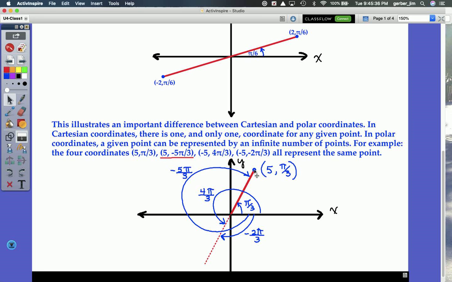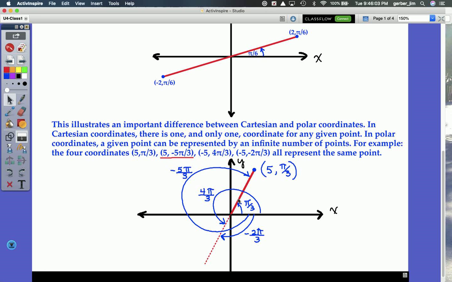But of course, if there are 4 ways, there's an infinite number of ways, because there's an infinite number of ways of labeling every one of these angles. I can say that this is an angle of 60 degrees, or I could go all the way around again and call it an angle of 420 degrees. So this could be 5 comma pi over 3, but it could also be 5 comma 7 pi over 3, 5 comma 13 pi over 3, 5 comma 19 pi over 3, and so on and so on.